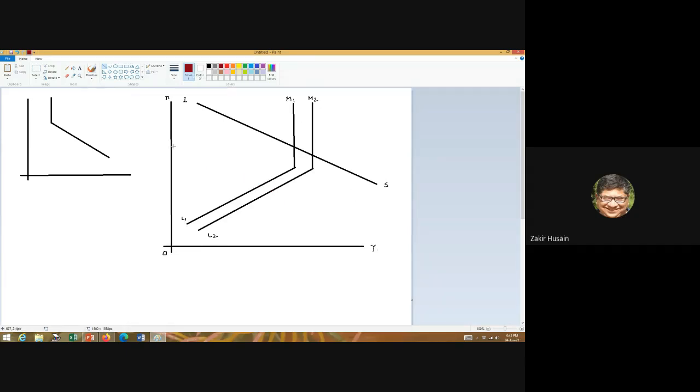How will I draw this? Okay. So if the money supply, here also we can see in the liquidity trap the money supply was not effective.